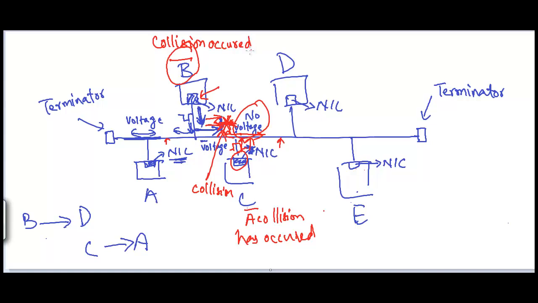Because the collision occurred and B was transmitting, B knows that its message was not able to go through. Meanwhile, C also knows that because it was transmitting and a collision occurred, its message was also not able to go through.